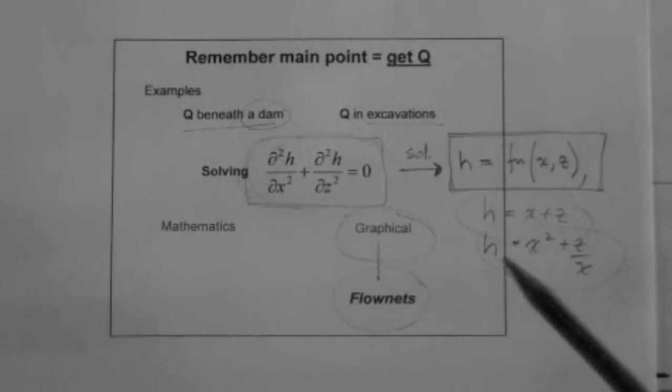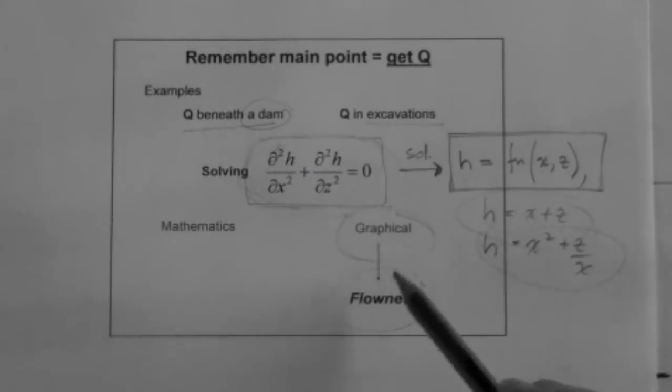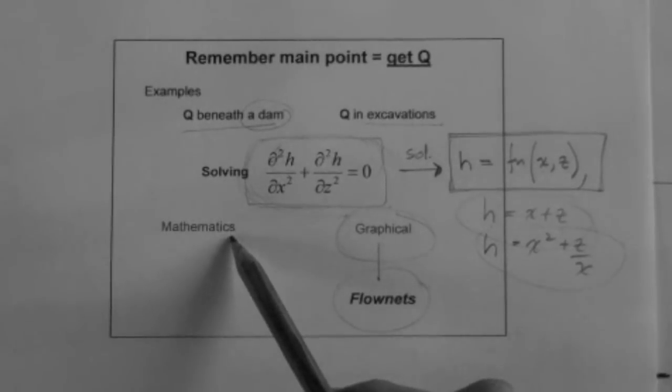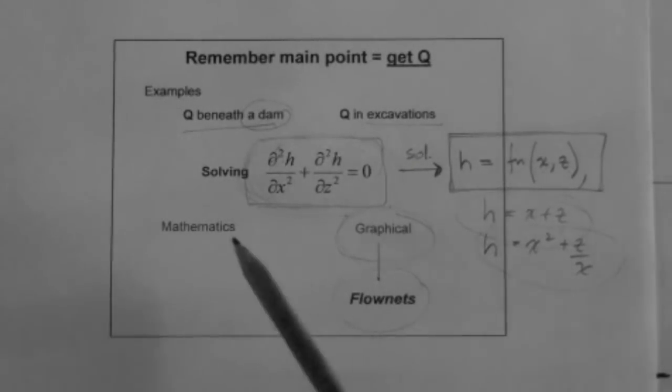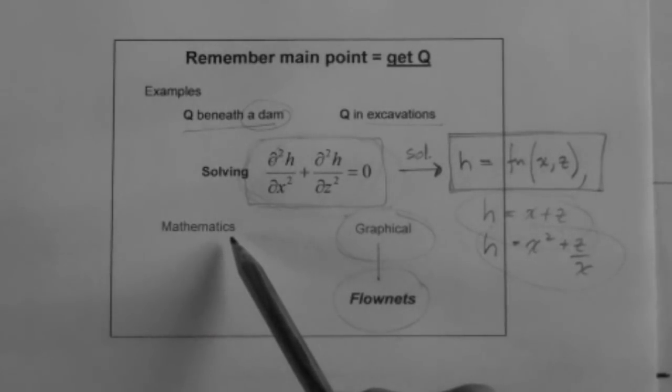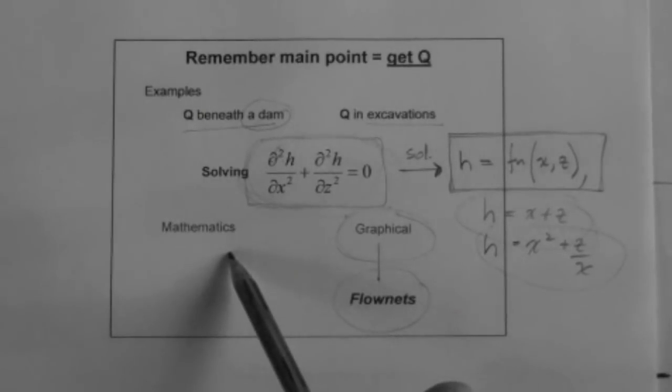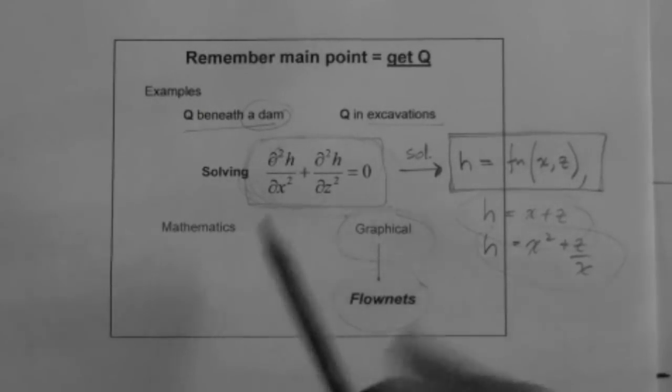Now you may say, well, if we use a graphical form, maybe we're going to get a lower accuracy or something. It's better to use pure math. Well, yes, it's probably going to be better to use pure math because the accuracy would be basically 100%.